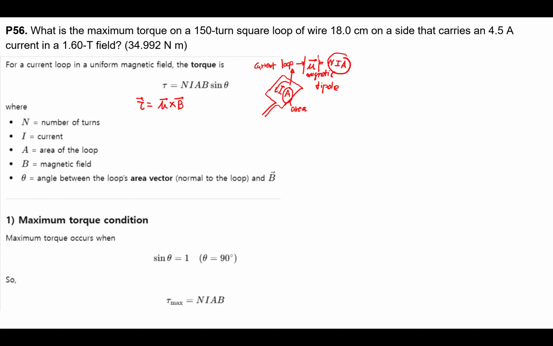And then we want to find the torque, which is NIAB sine theta. Theta is the angle between the magnetic dipole and the magnetic field. This is the magnitude.